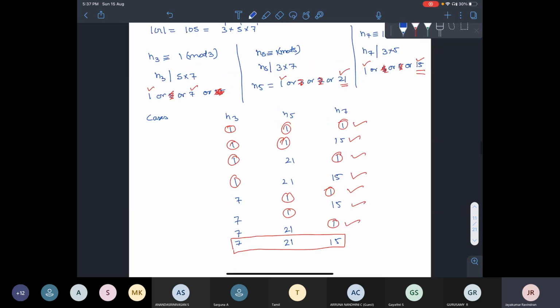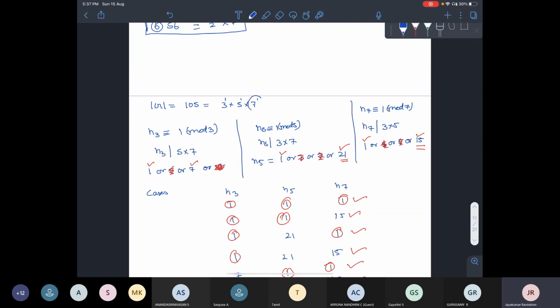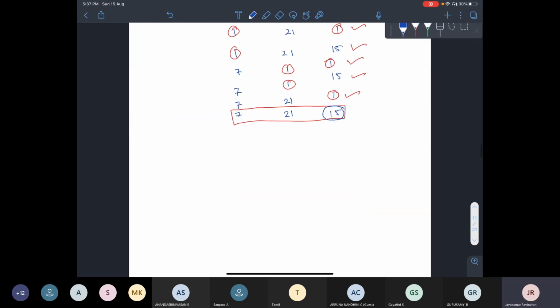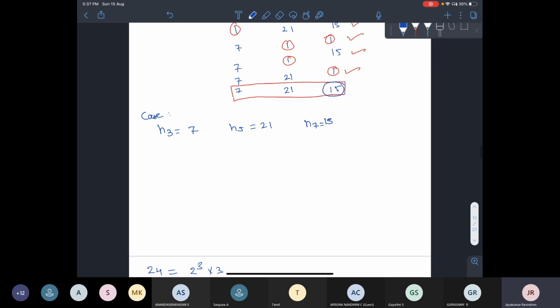As I said, go for the bigger prime and count it like this. So we have the possibility n3 equal to 7, n5 equal to 21, n7 equal to 15. Let's call the 7-Sylow subgroups L1, L2, up to L15.